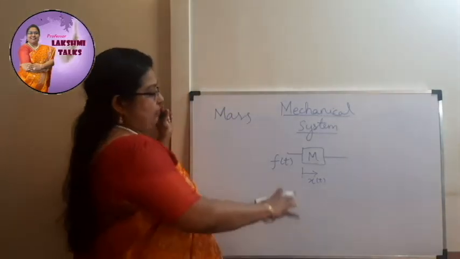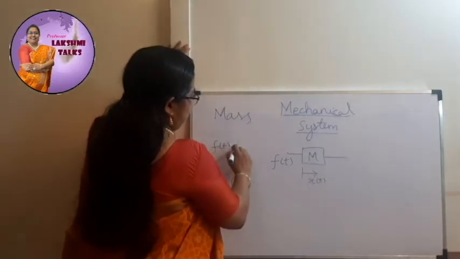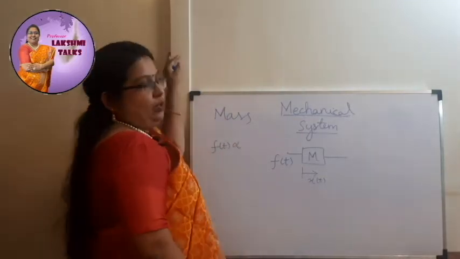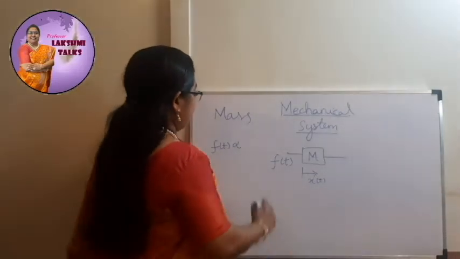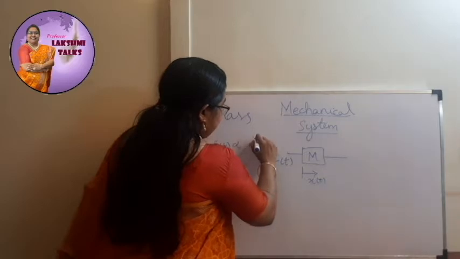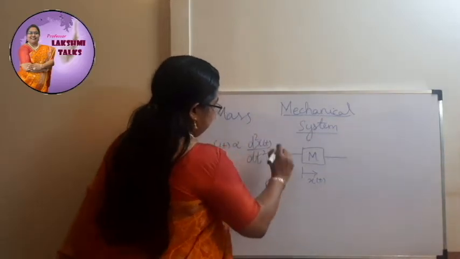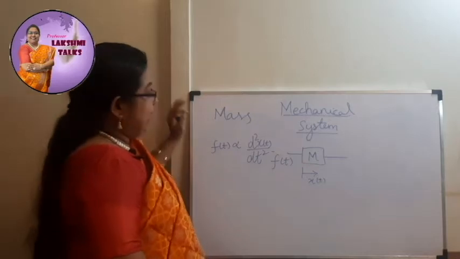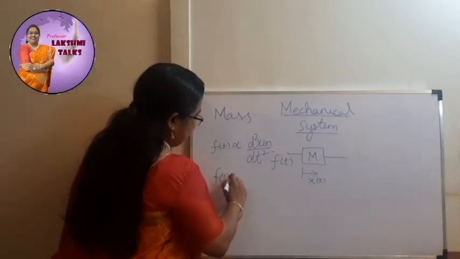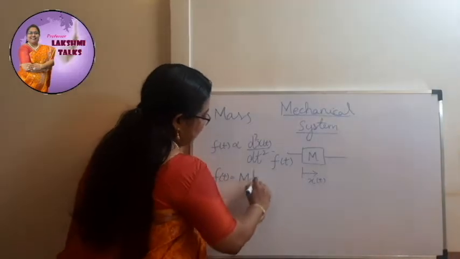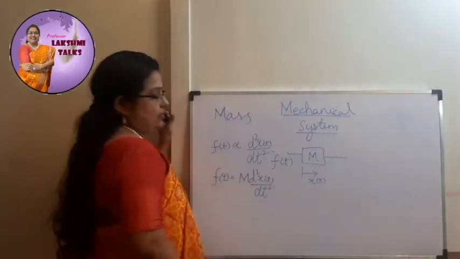So the opposing force will be F of t is proportional to, see, Newton's second law, force is proportional to acceleration. Acceleration is given by d square x of t by dt square, and to remove this proportionality symbol, F of t is equal to m d square x of t by dt square, right?